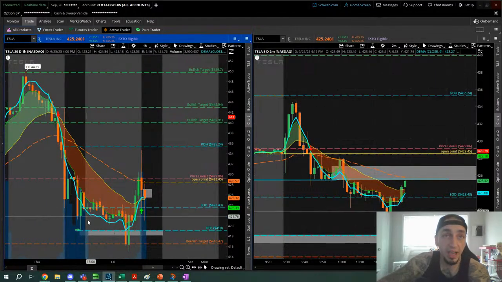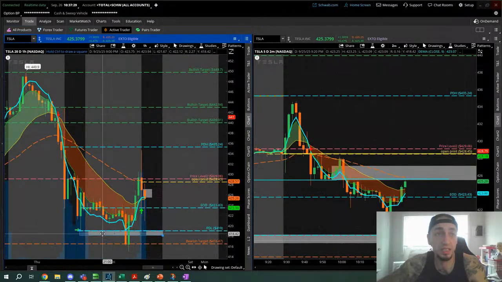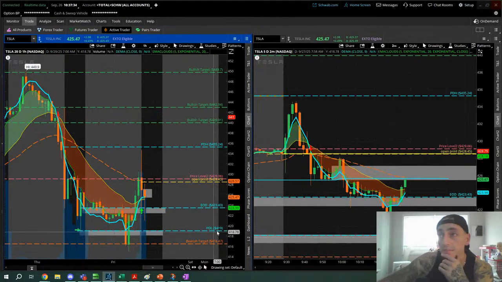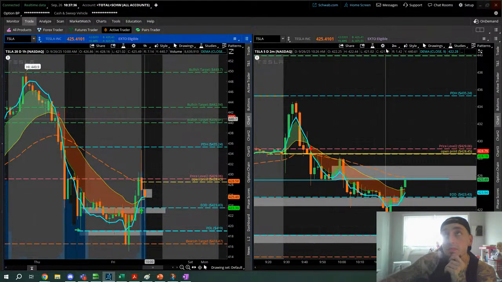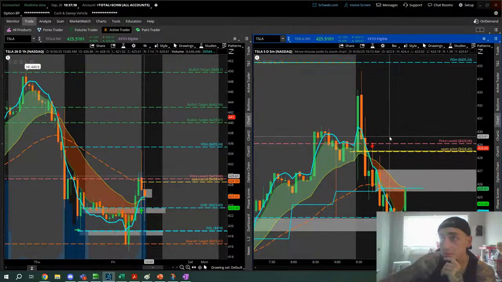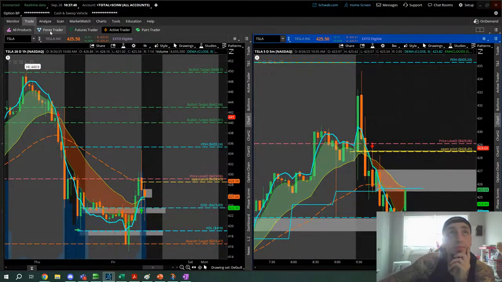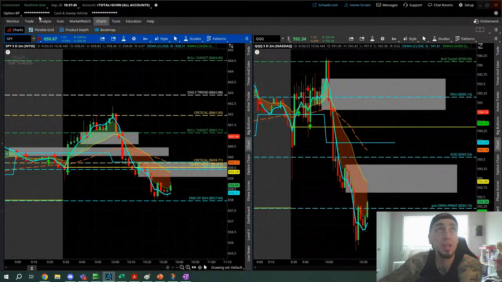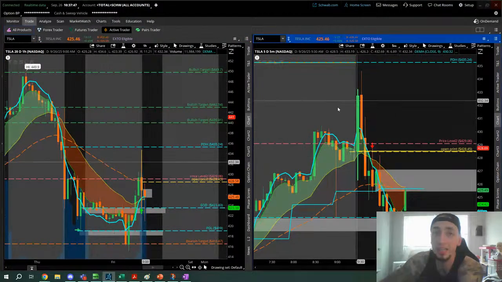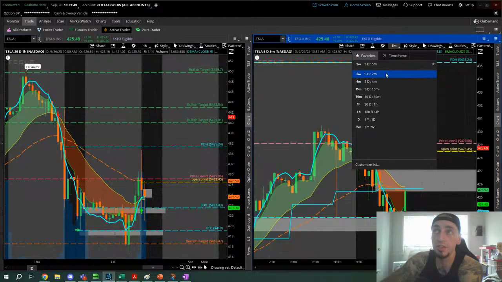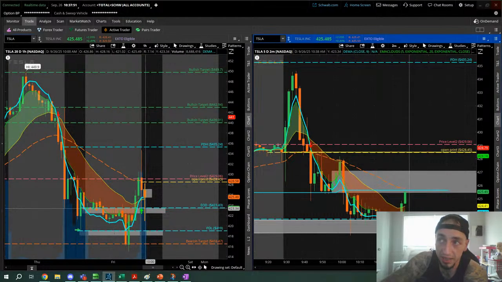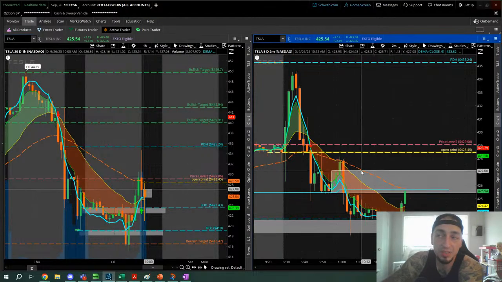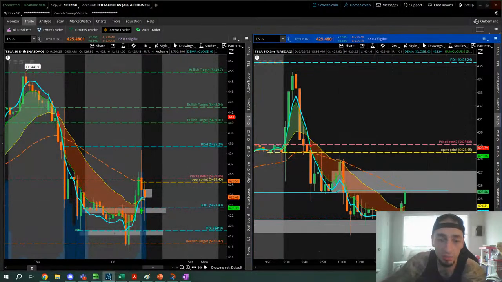Yeah, this level is pretty key here. A lot of buying. So I'm really glad, you guys see how we use the 2 minute 20 to determine if we were going to continue into that trend. And since we just closed above that 2 minute 20, I'm staying away from shorts here for a little bit on Tesla.